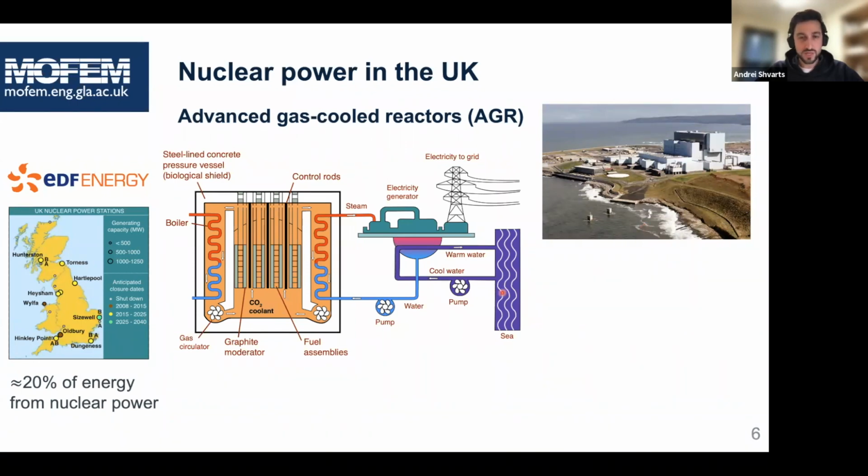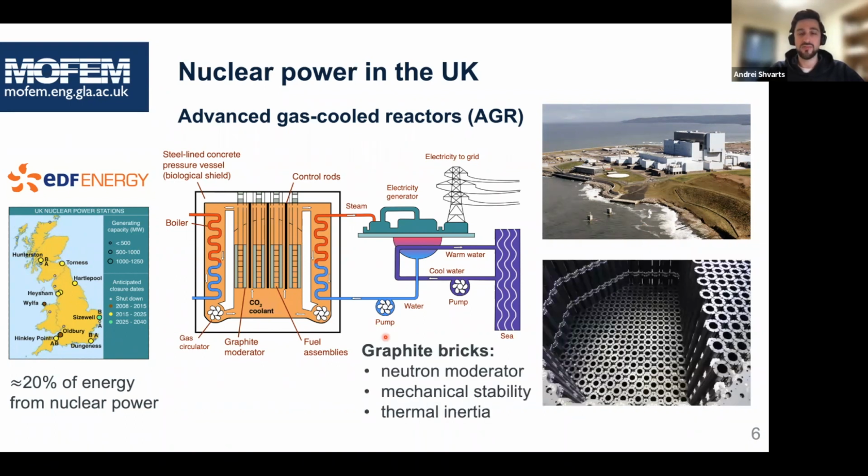So this is a scheme of this reactor and a photo of a real working power plant. The characteristic feature of those reactors is that there is no water in the reactor. It's being cooled by gas, CO2 in this case. And it brings certainly considerable benefits, but it also leads to some issues related to the graphite bricks in the core of the reactor.